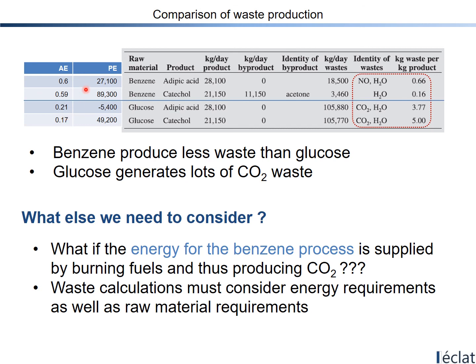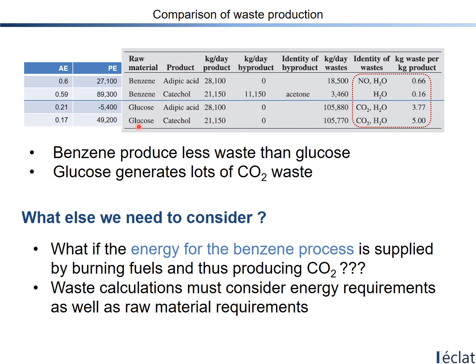However, about the process economy we should consider. So about 30,000 for the conversion of benzene to adipic acid. And the second one, the conversion of benzene to catechol, was better than the first one because of 90,000 earning. The third one, we should kill it because we will lose money.